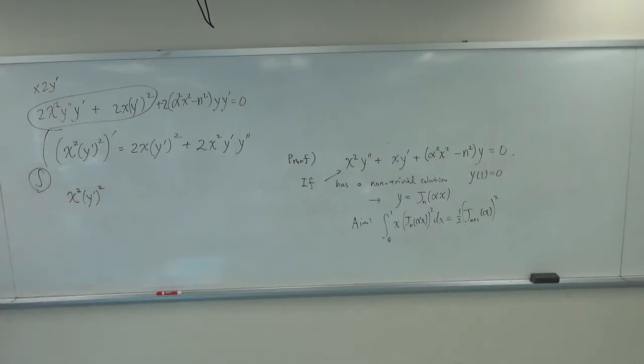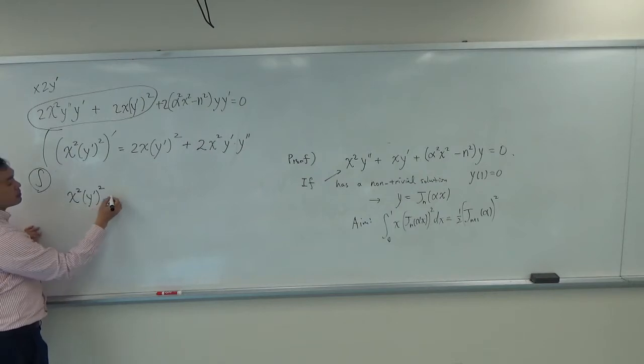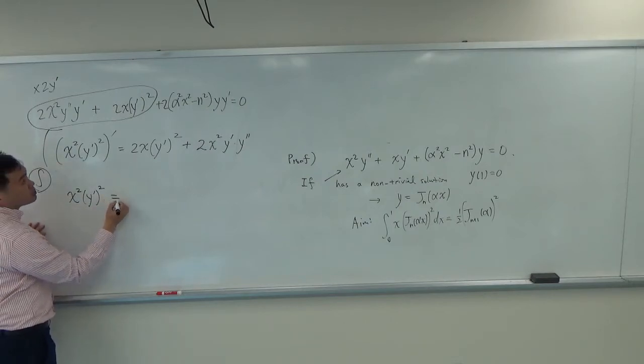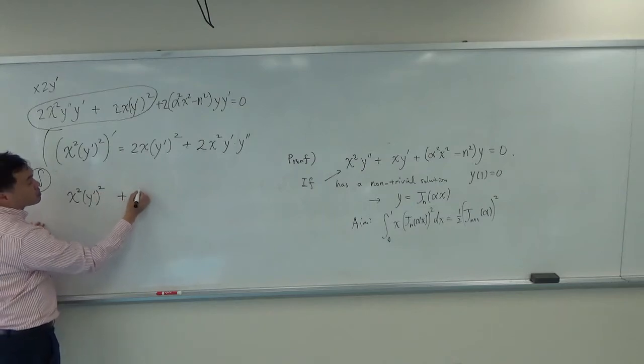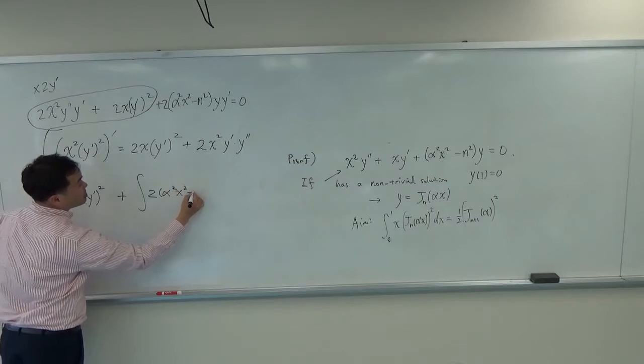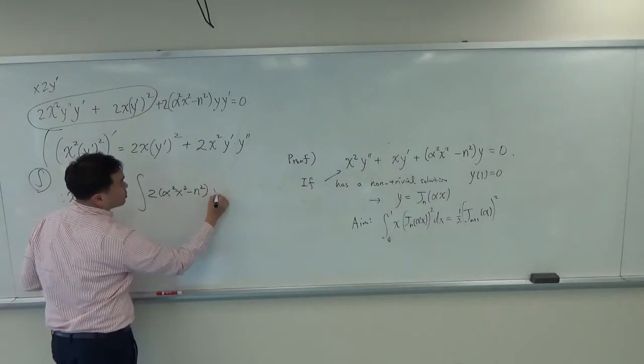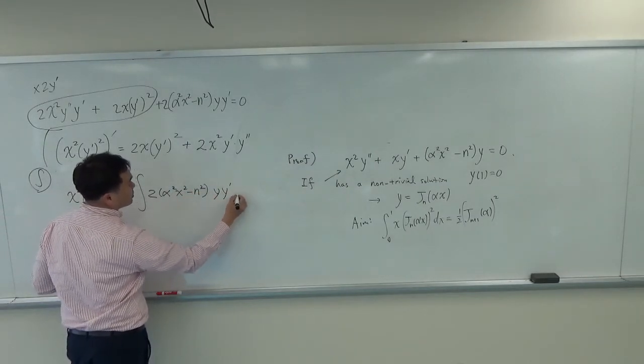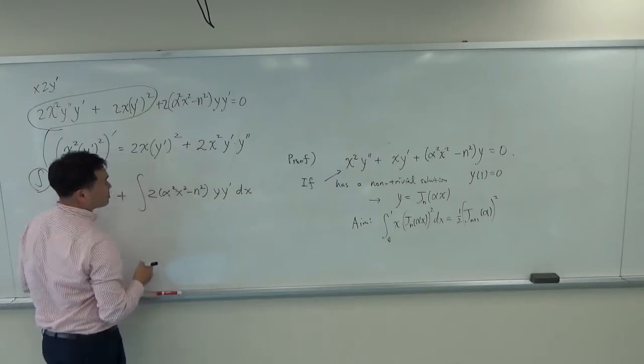And this will be equal to, actually you're going to get plus the integral of 2 alpha squared x squared minus n squared y y prime dx.